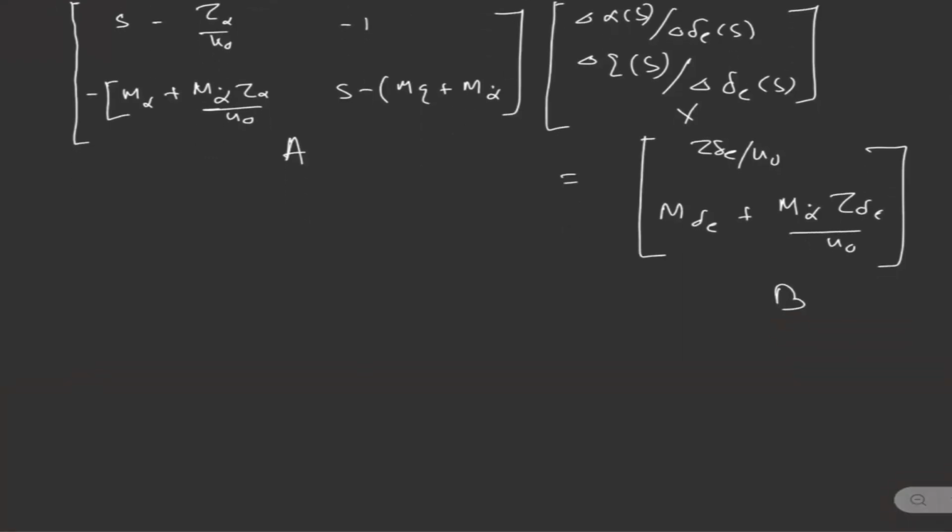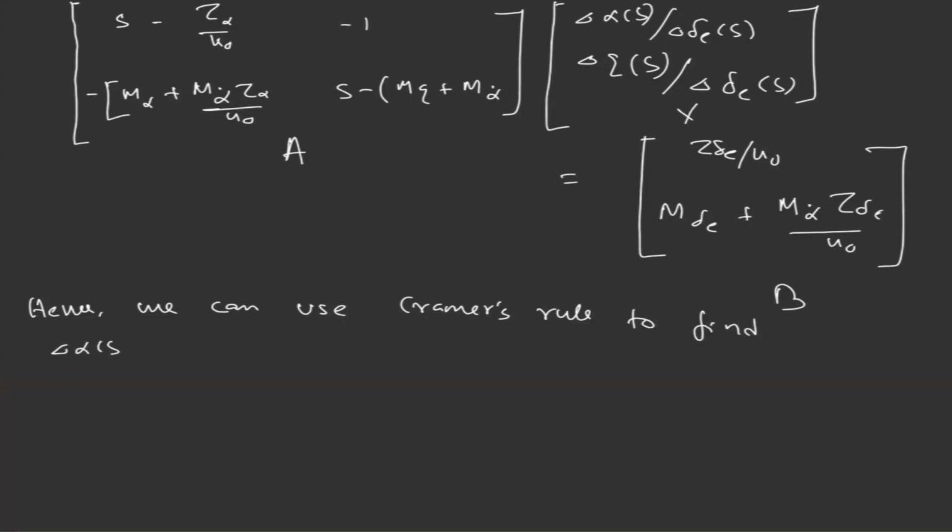If you want to use Cramer's rule to find delta alpha S divided by delta ES, or x1, because x is the vector, we can write x1, x2.